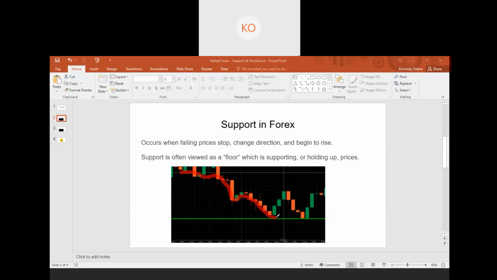It's like the floor of your house. It bounced and then went up, and then as usual, it retests. You see it come back and bounce again, and then it goes back up.